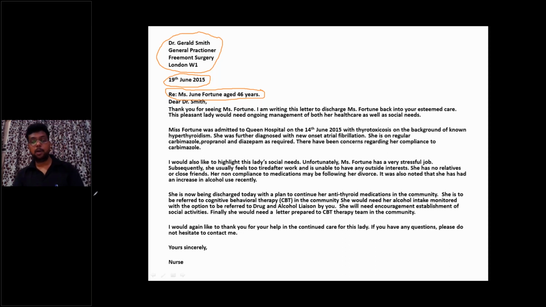If you are given the date of birth, you write RE colon Miss June Fortune, and in the next line DOB colon the date on which the patient was born. Here the age of Miss June Fortune was given to us, not her date of birth. The age was given, so we have written Miss June Fortune, aged 46 years.